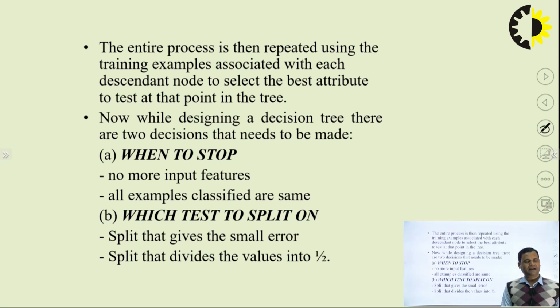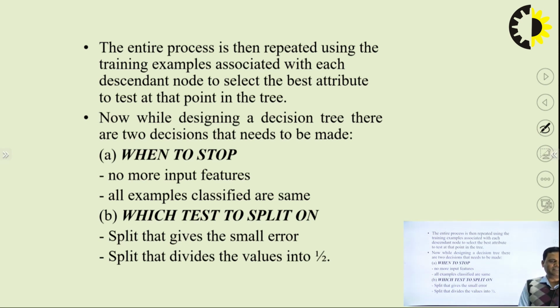And if all training examples are already classified, then in that case we will also stop the splitting of the decision tree. This is one of the most important points we need to know while creating the decision tree.